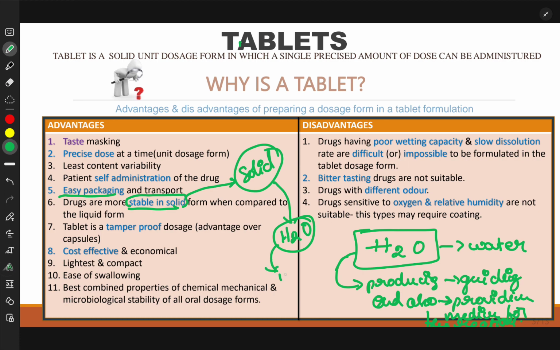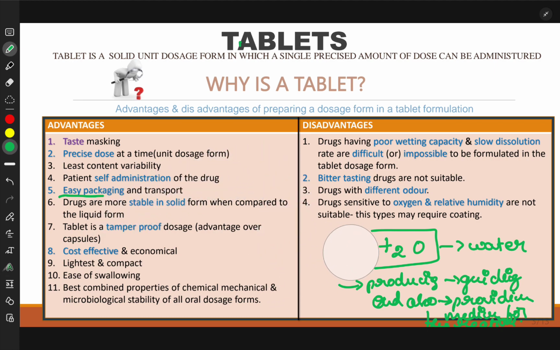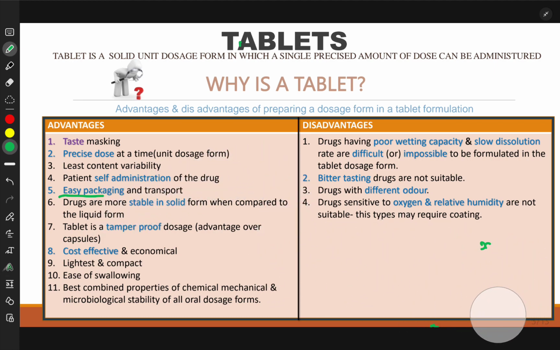I cannot say it is completely zero, but almost zero, because some percentage of moisture will be there, but it is negligible. So there is zero risk of attack by microbes or other oxidative reactions because of the moisture. So we are not having any instability factors because of the moisture.